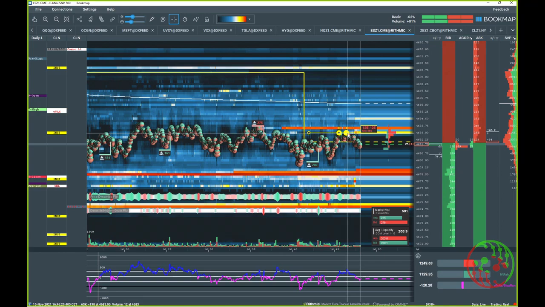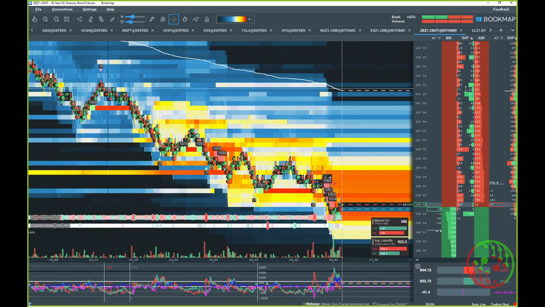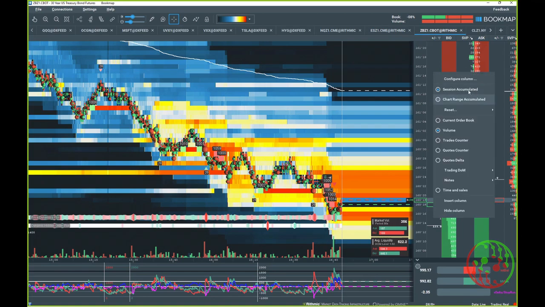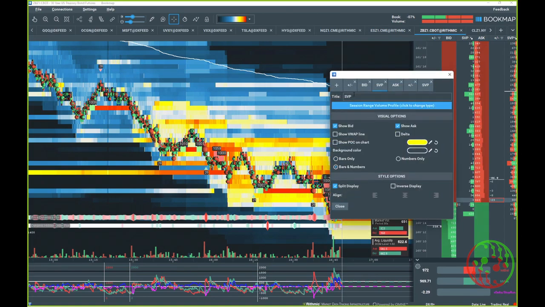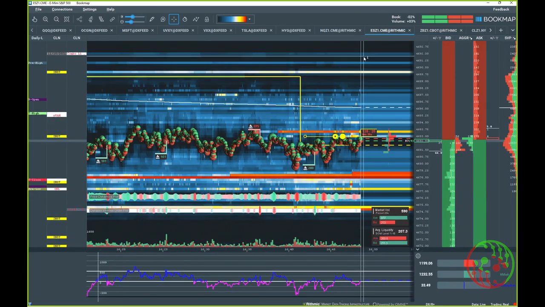We will talk about that. But you can reset this aggressor column all the time and get rid of the historical data. The SVP here as well, you can rename that, to get a better description.